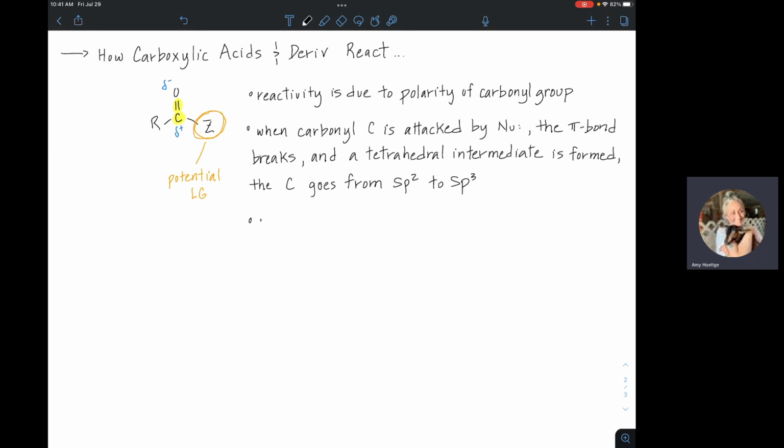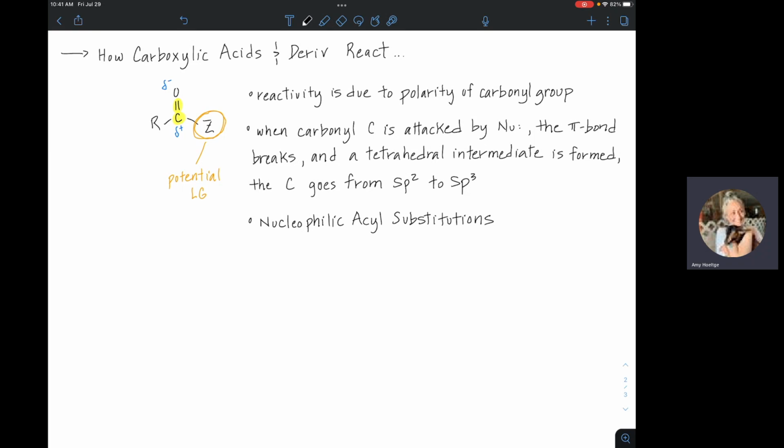These undergo nucleophilic acyl substitution reactions. Those are the characteristic reactions of carboxylic acids and their derivatives.